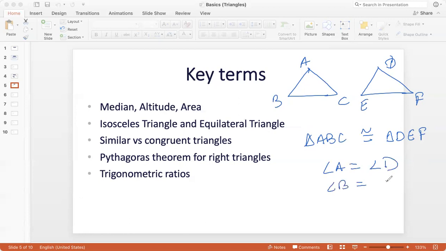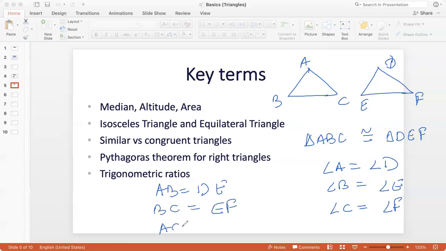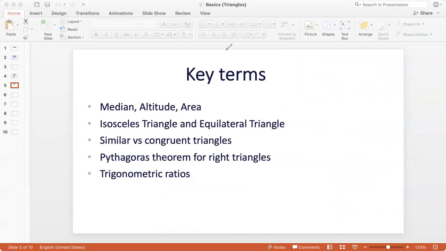Angle B is angle E. Angle C is angle F, right? So obviously the corresponding angles are equal, but even the corresponding sides are equal. So AB is DE, BC is EF, and AC is DF, right? So they are just mirror images of one another.